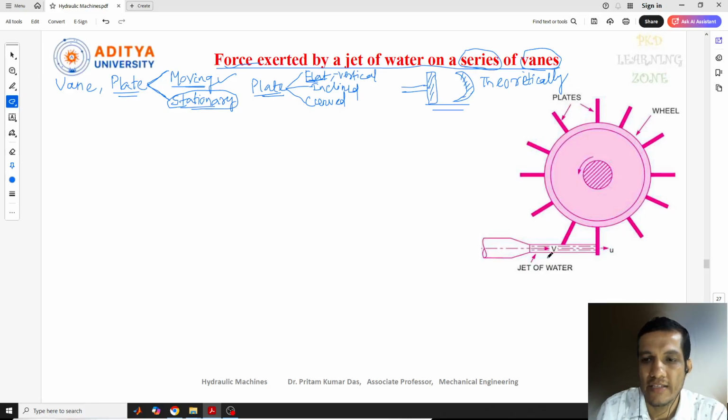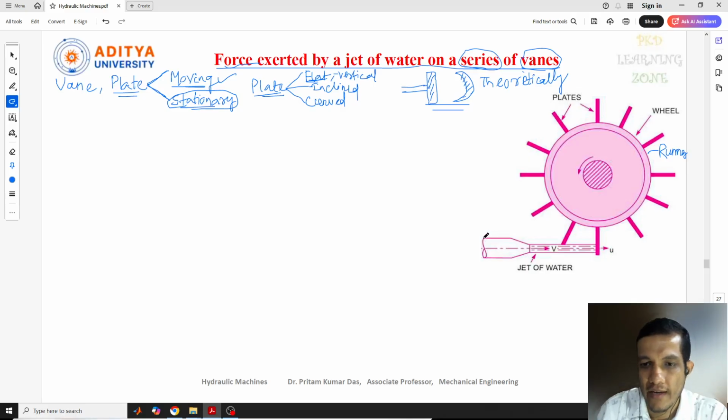Here we have considered a wheel where a number of plates or vanes are mounted at equal distance on the wheel, which is also called a runner. The blades are mounted on the wheel so that it can rotate easily.